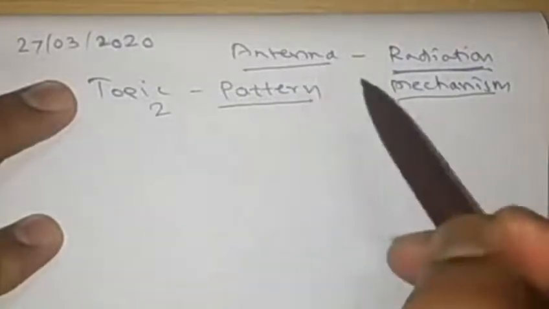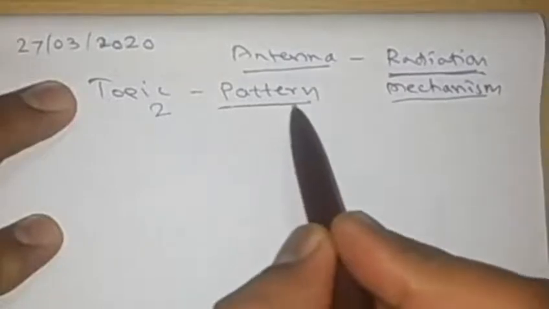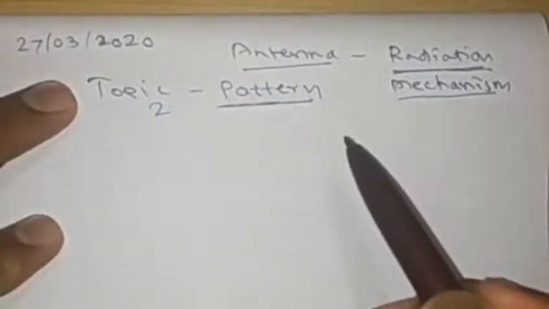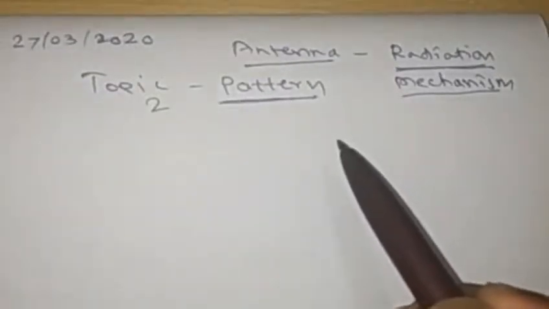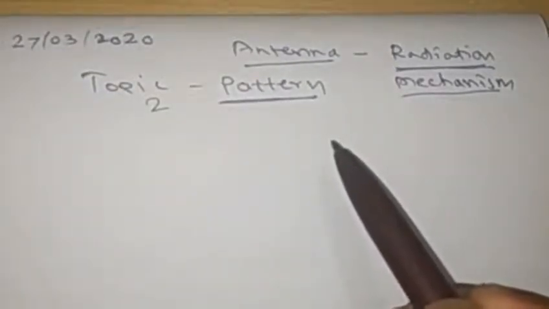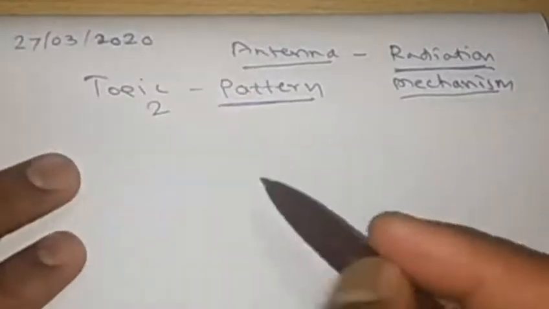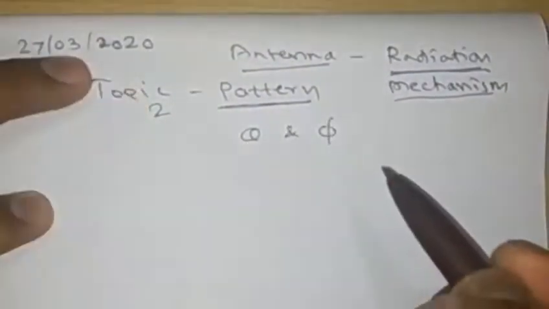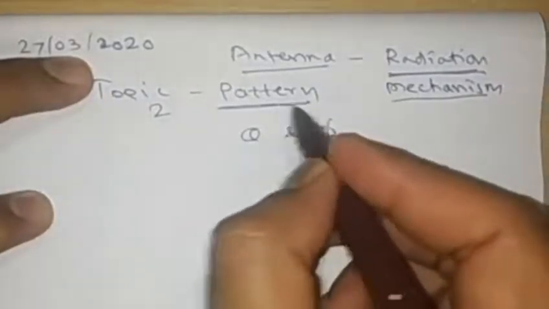radiated by an antenna is always in a specific shape, and that particular shape in which quantities such as field or power are radiated as a function of spherical coordinates theta and phi is called the pattern.